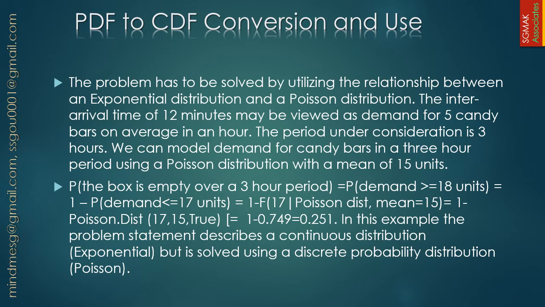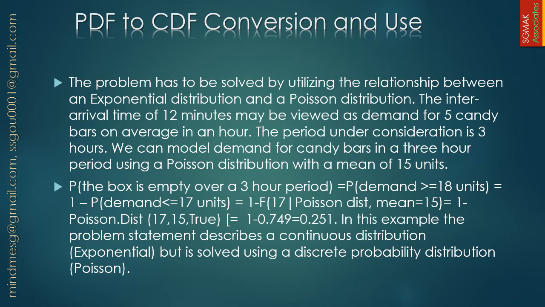Now what we are interested in is to find out the probability that 18 units or more will be demanded in a 3-hour period. So we can write that as probability demand is 18 or more, where the demand follows the Poisson distribution with a mean of 15 units.